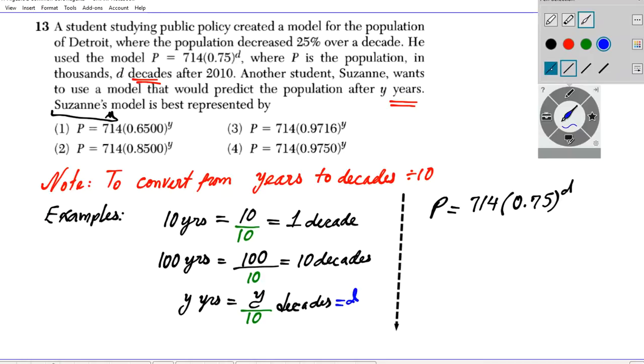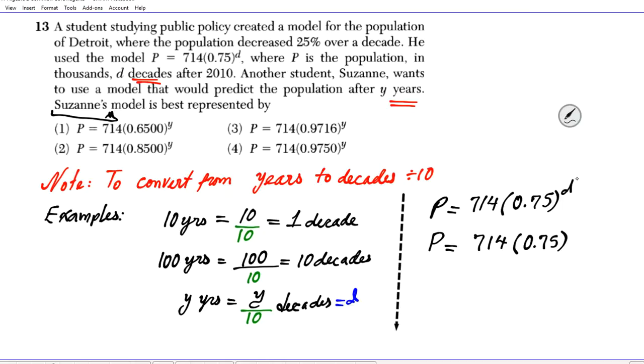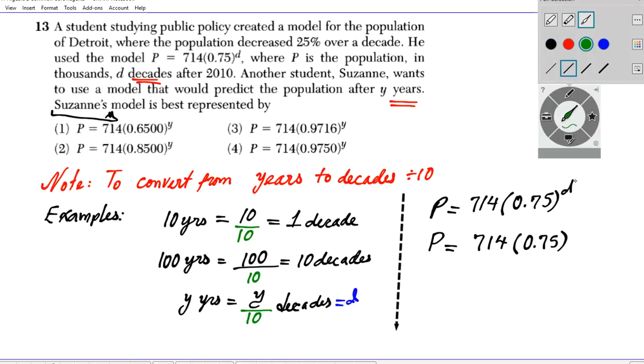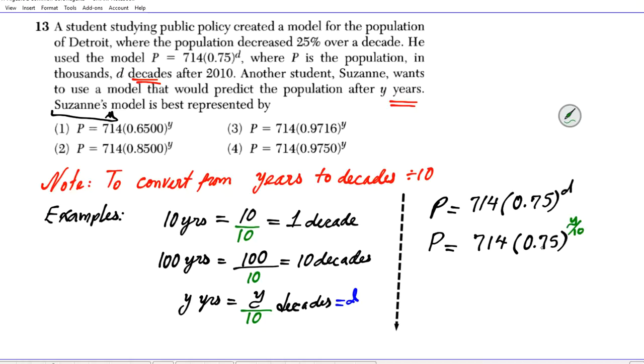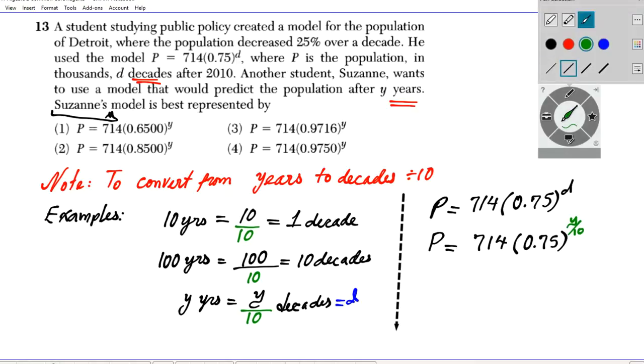Let's carry out that substitution, and we have P, population, equals 714 times 0.75, and instead of d decades, we replace that with y over 10. Now let's simplify this. Y is the only variable in the exponent, so let's isolate it using properties of exponents.